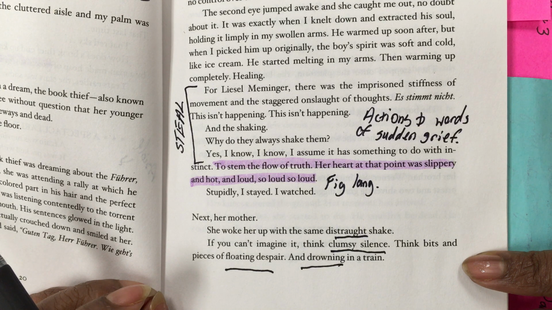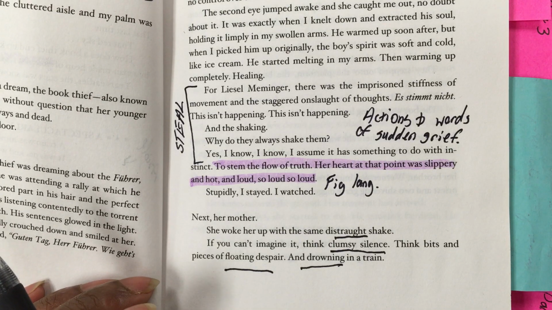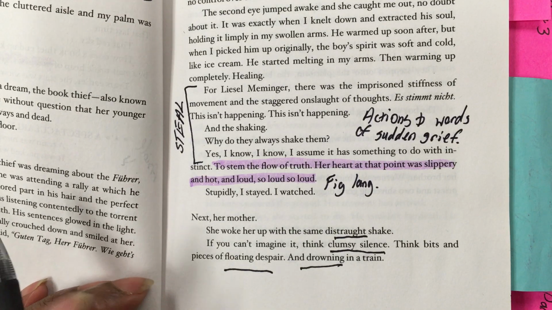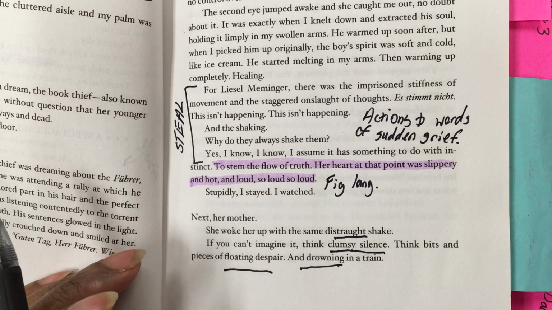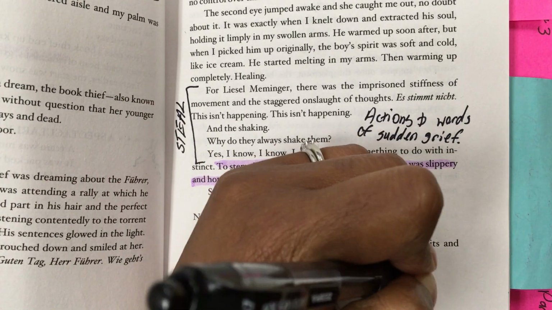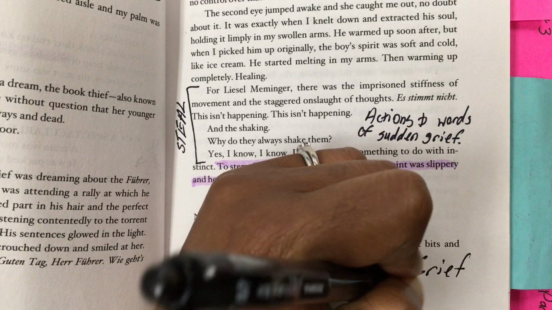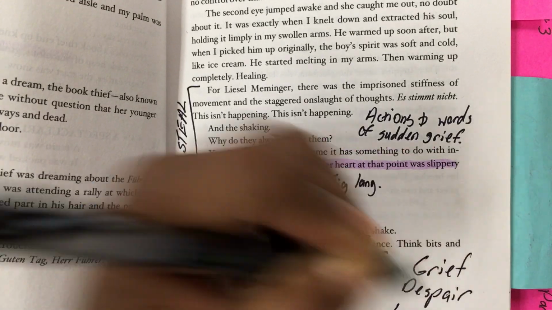Look at these words and the choices that Zusak has made here to get that emotion across, looking at grief, looking at despair, looking at loss. So, I mean, this idea, we have grief, we have despair here, we have loss.